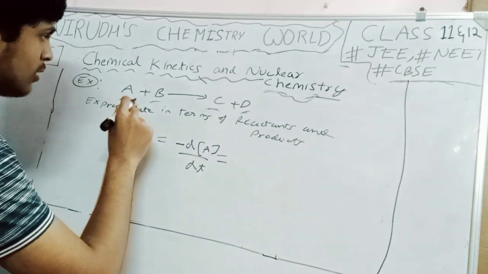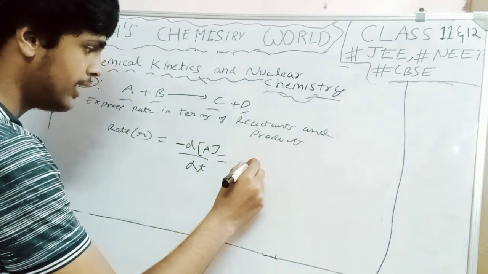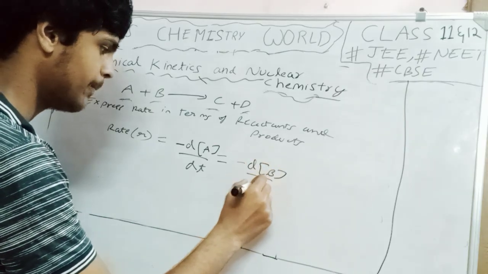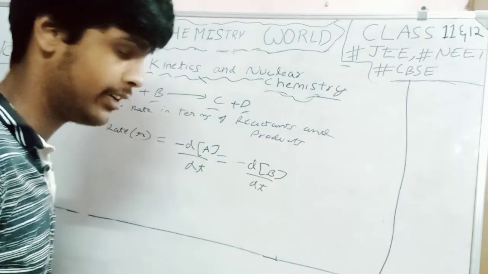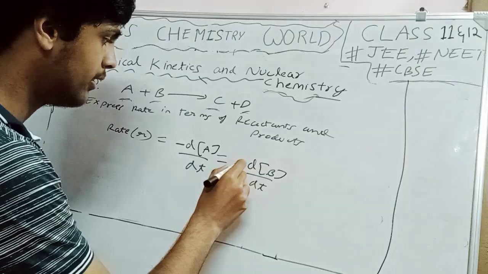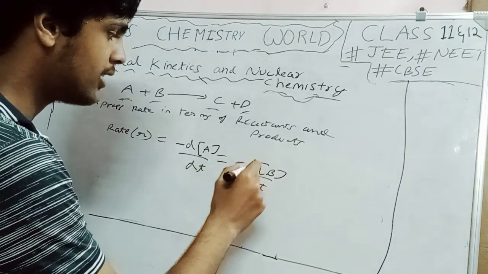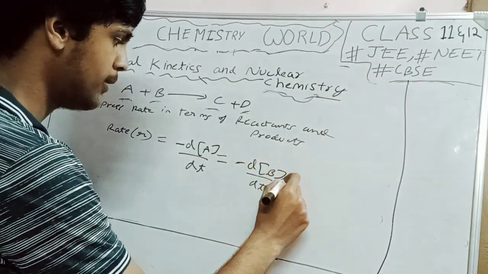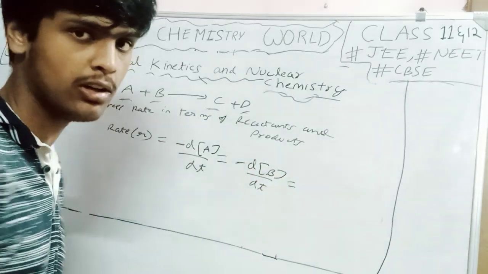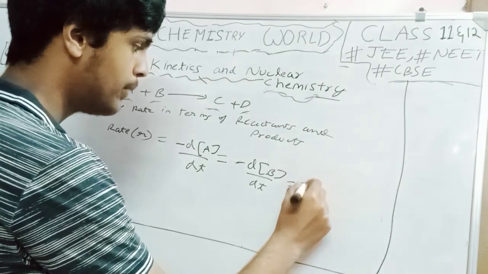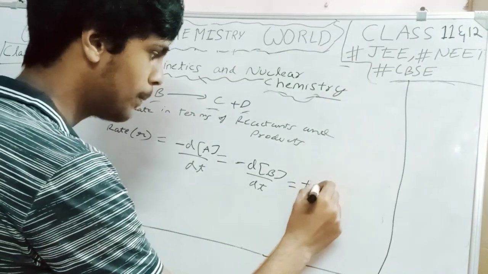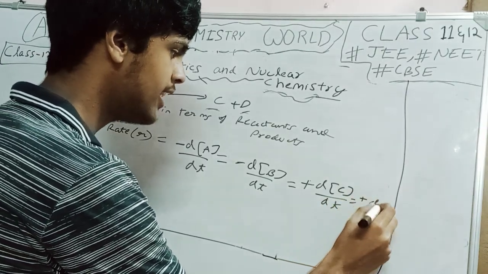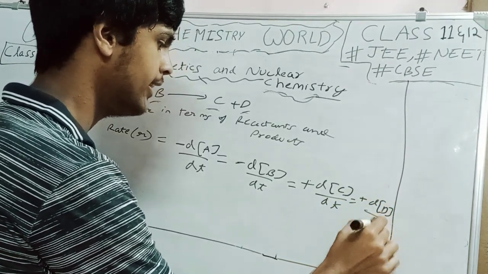And this is also equals to rate in terms of B, that is, since B is also reactant, minus d concentration of B by dt. If you represent in terms of the product C, then since it's product, we represent plus, so plus d concentration of C by dt, which is also equals to plus d concentration of D by dt.